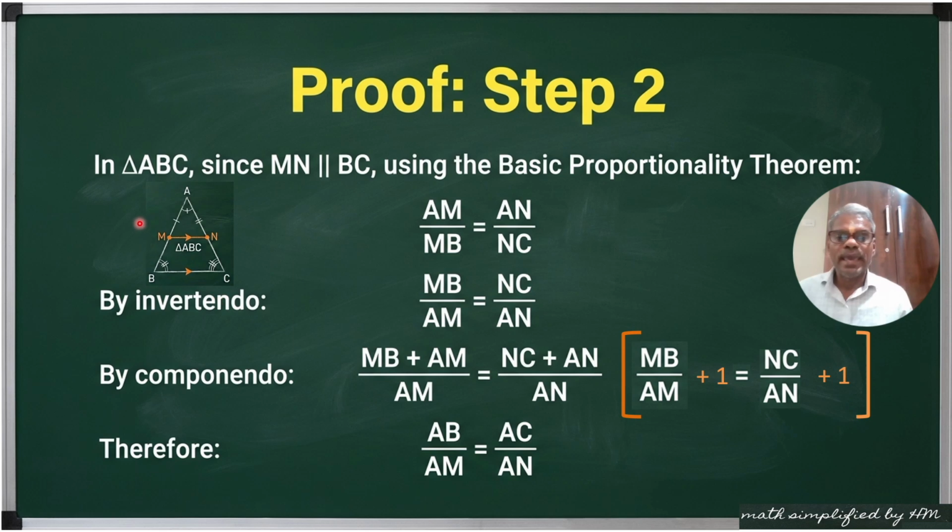Now MB and AM are the parts of the side AB, and NC and AN are also parts of the side AC. So adding, we get AB upon AM is equal to AC upon AN.